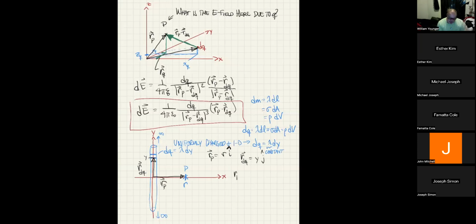And r_P minus r_dq, which is something we need, turns out to be r i hat minus y j hat. And something else we need is the magnitude of that vector.